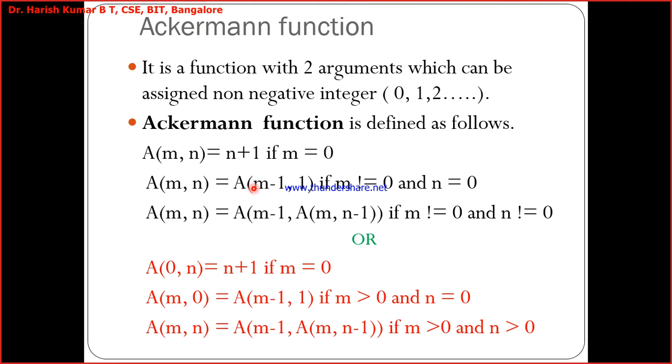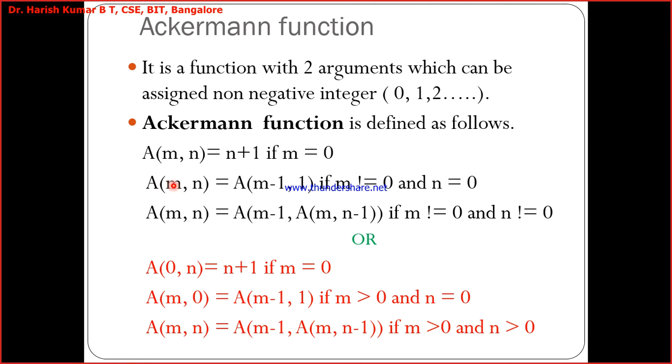You subtract 1 from the first argument, the second argument is 1, and you keep doing this recursively until you reach the condition where m is equal to 0, and you have the result as one more than the second argument.